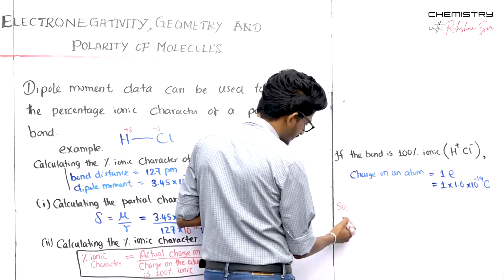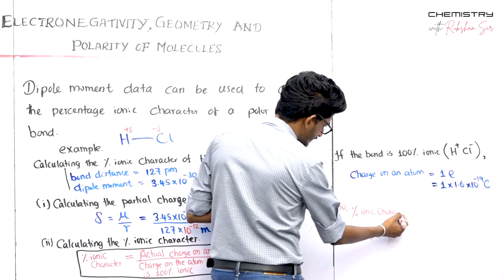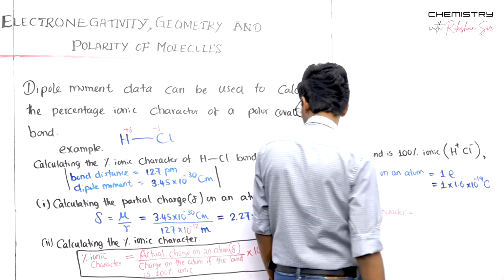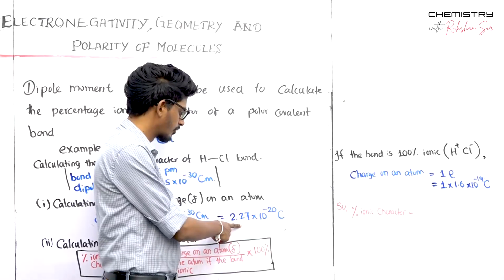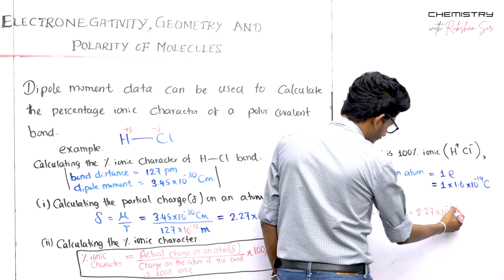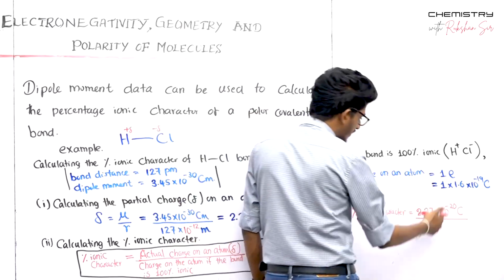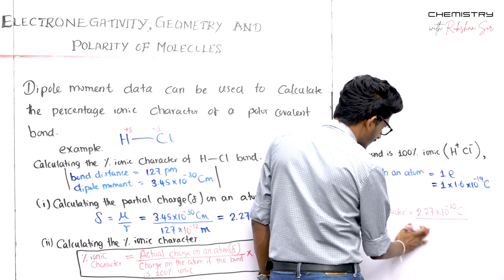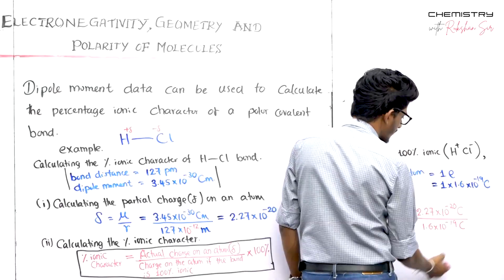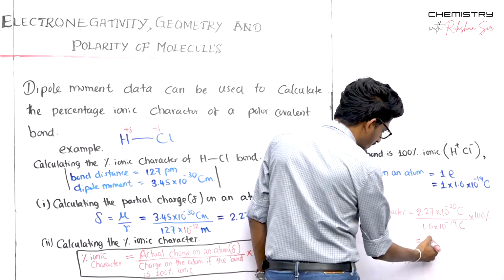It is equal to the actual charge appearing on an atom, 2.27 into 10 to the power minus 20, divided by the charge if the bond is 100% ionic, 1.6 into 10 to the power minus 19 coulombs, into 100. Simplifying this gives you 17%.